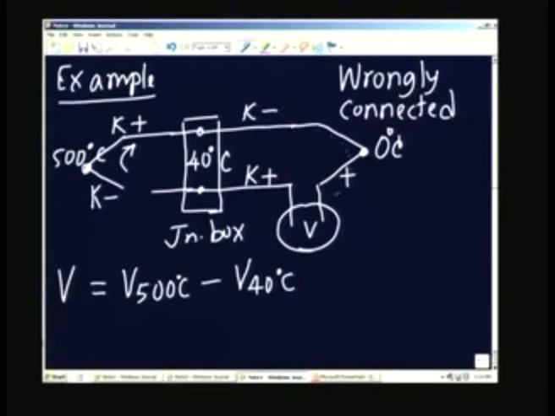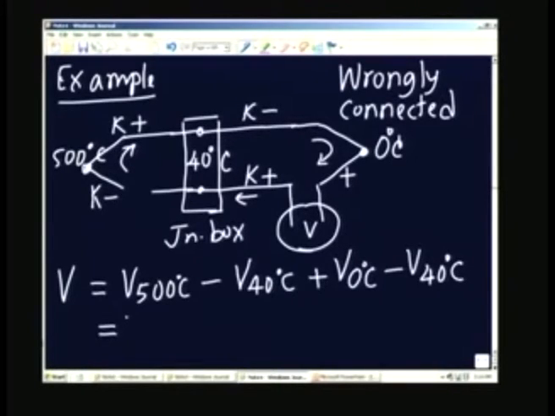Then from negative to positive again. So, this will be plus V corresponding to 0 degree Celsius. So, we are going like this, and here again we are going in this direction, positive to negative. So, it will be minus V at 40 degrees Celsius.